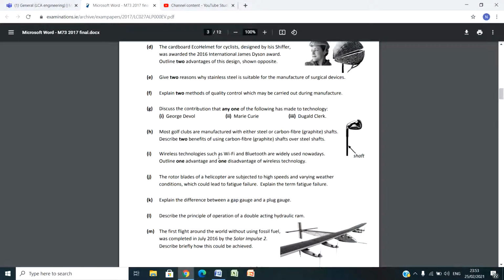I. Wireless technology such as Wi-Fi and Bluetooth are widely used nowadays. Outline one advantage and one disadvantage of wireless technology.